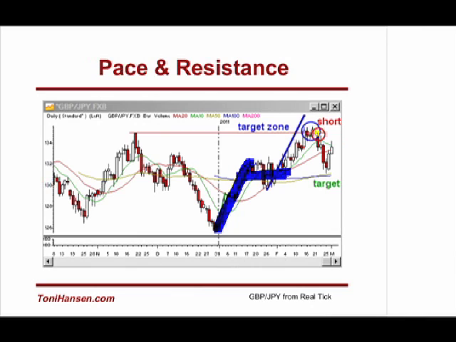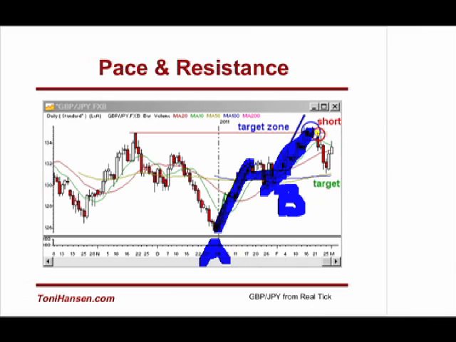And then the continuation move. What I was looking at was that in this continuation move, the momentum was less than the initial upside move. So we'll call that initial upside move A and the continuation B. The momentum on that continuation was slower than the momentum of A on our initial push higher.